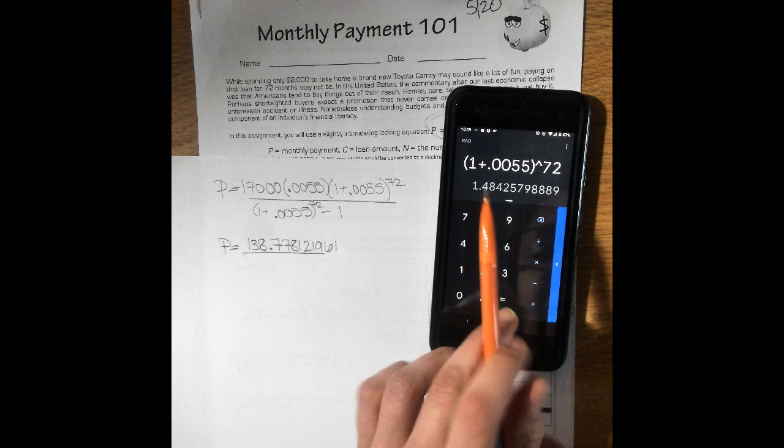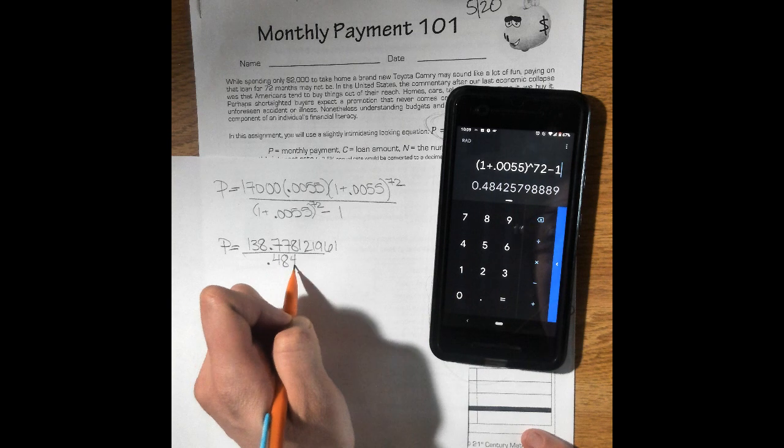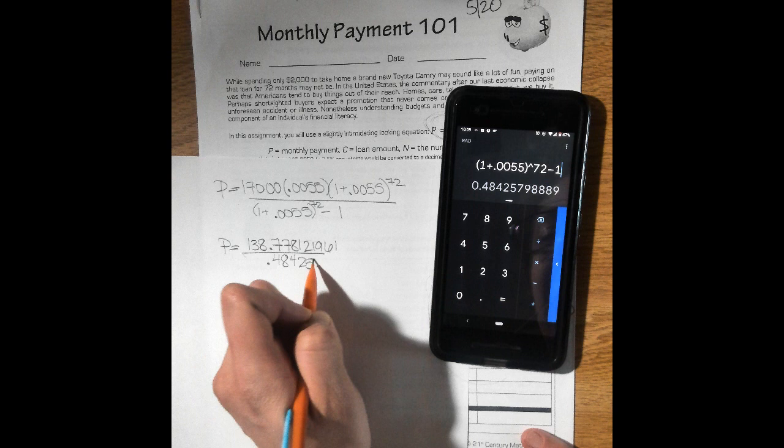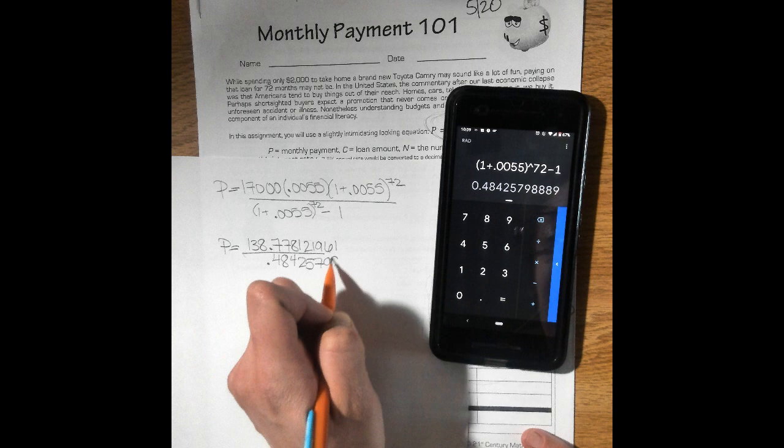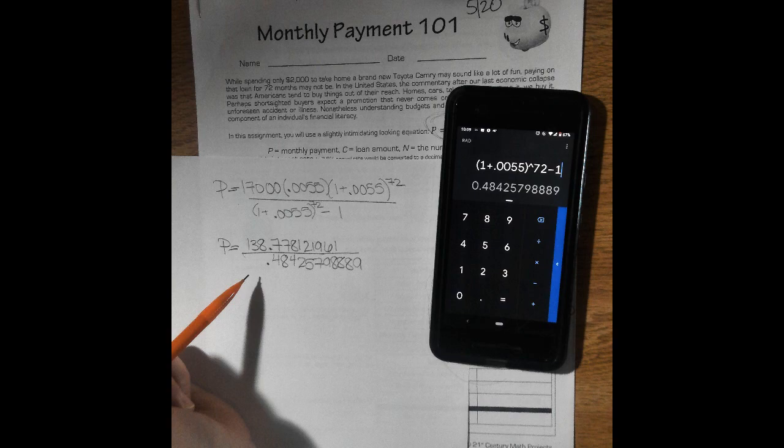It should be doing the order of operations. 4, 8, 4, 2, 5, 7, 9, 8, 8, 8, 9. Okay. So I typed in my numerator, I typed in my denominator, so I'm going to clear it, and I'm going to type in those huge long numbers again.